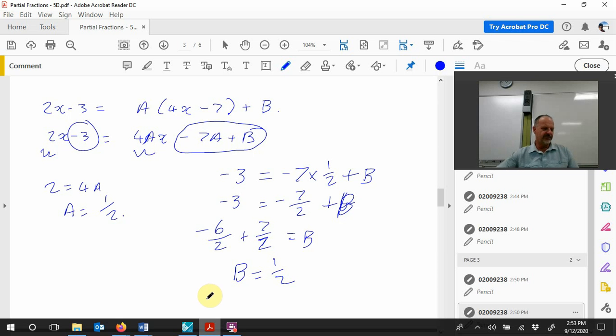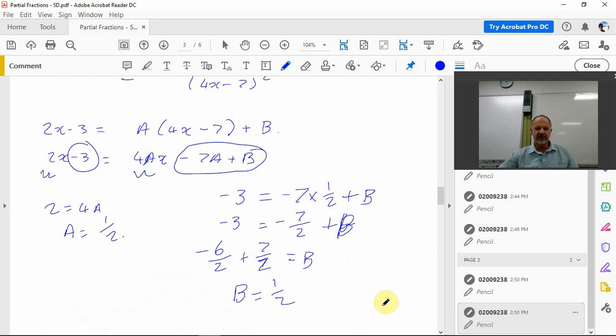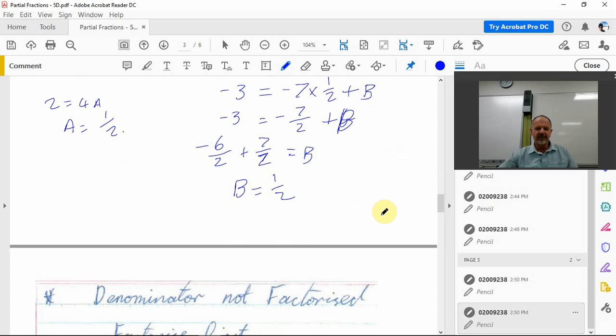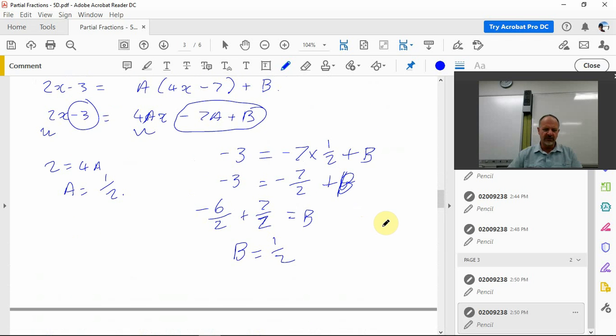So when you have one of those coefficients that is a fraction, what we do is this. We just squeeze it in over here. So a is 1/2, so we put the 2 there, down the bottom. 4x minus 7 plus b is a half, 4x minus 7 squared.